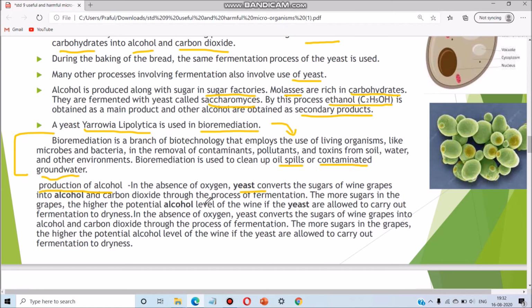The more sugar in the grapes, the higher the potential alcohol level of the wine, if the yeast are allowed to carry out the fermentation to dryness.